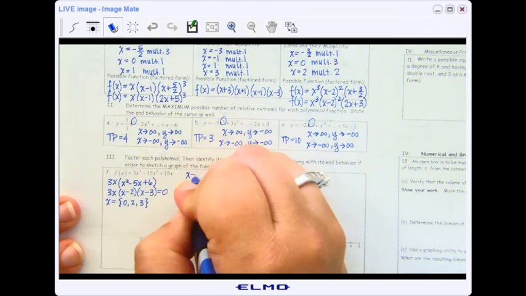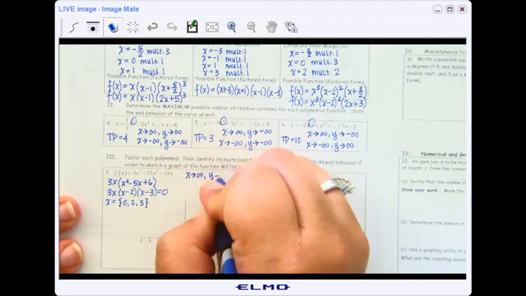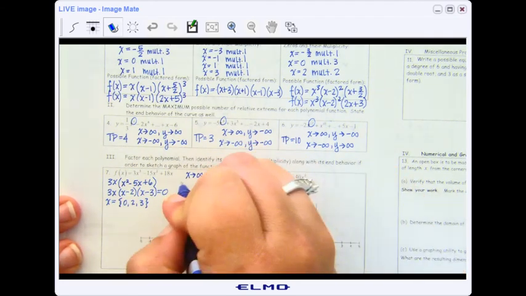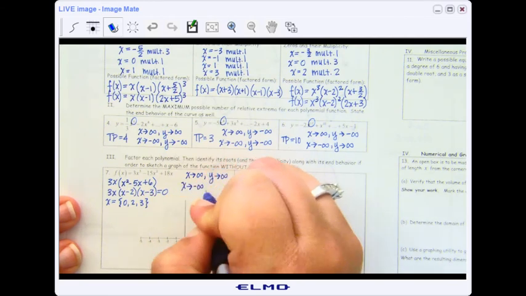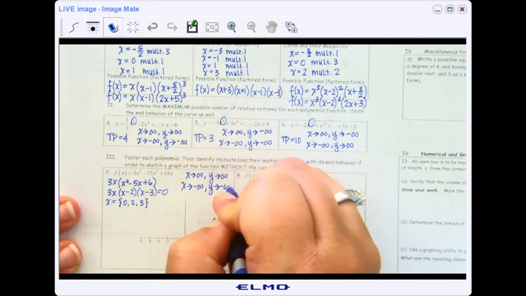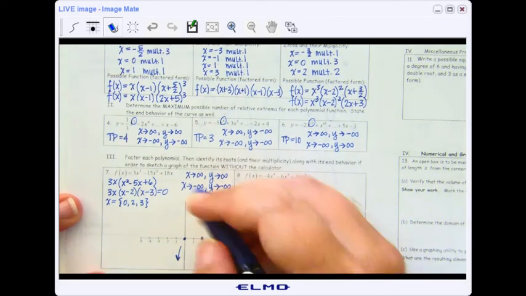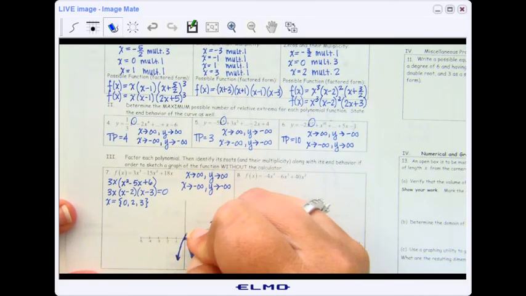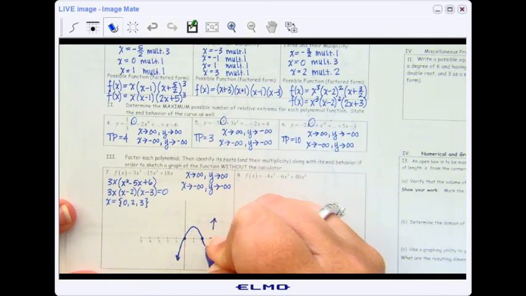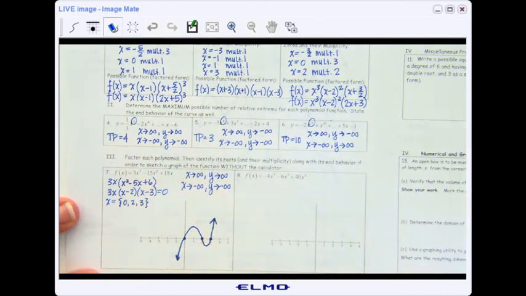So as x goes to infinity, y goes to infinity. And as x goes to negative infinity, y goes to negative infinity. So I'm going to come up and cross, come back down and cross, come back up and cross.